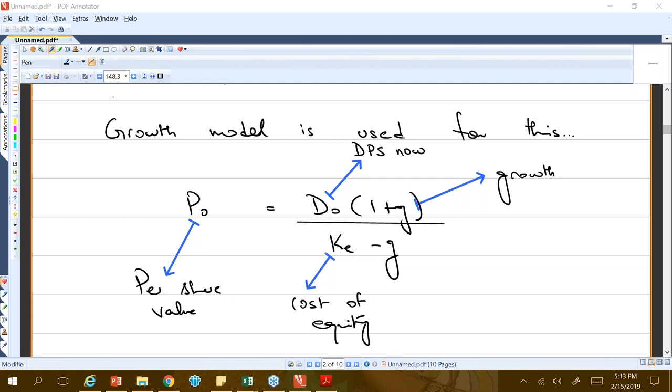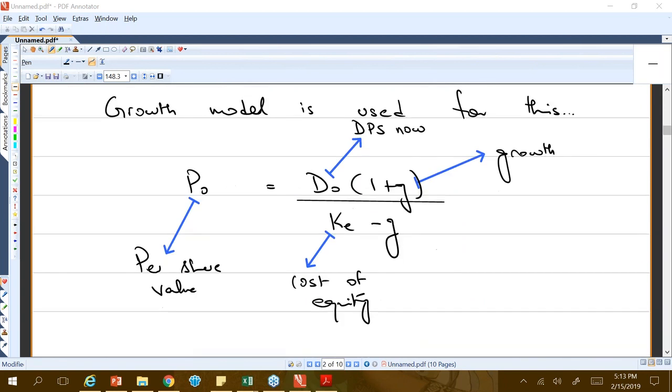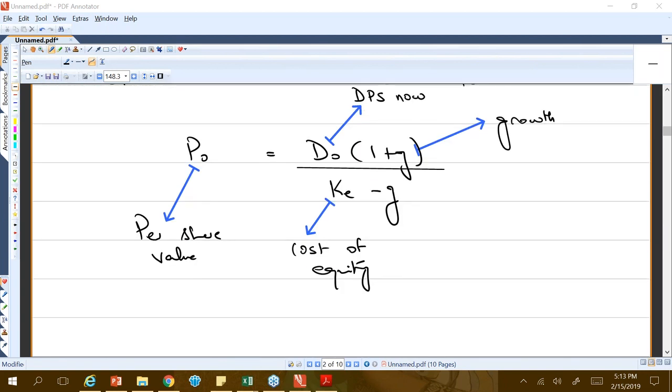Now, this is the growth model, and this gives us a per share value. Going back to the explanation, a business is worth its future dividends in perpetuity discounted at KE. This is exactly what we are doing within this growth model: we are discounting the future dividends in perpetuity at cost of equity.